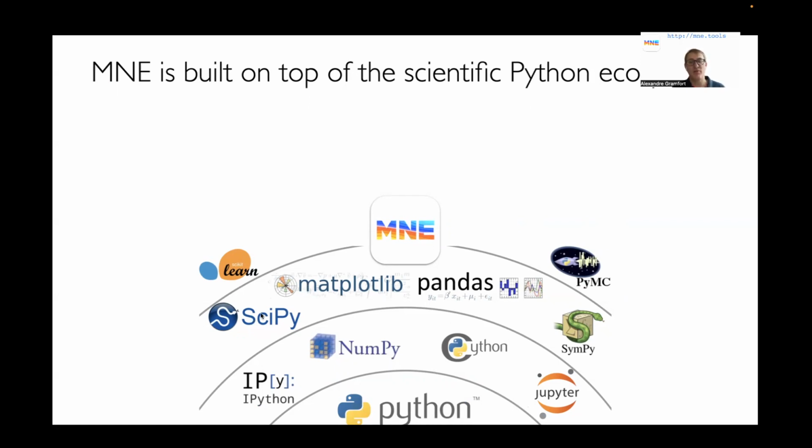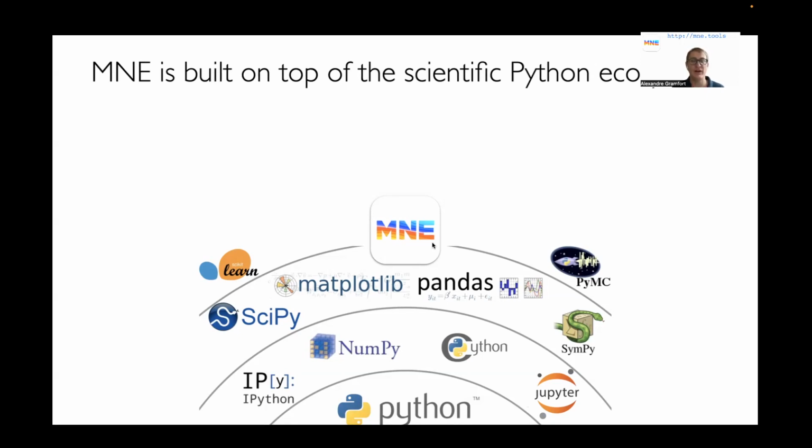And then on top of it, we use SciPy for all the algorithms and the signal processing, Matplotlib for visualization, and also a lot of scikit-learn, which I will show later to do decoding. So really, MNE sits on top of this very rich ecosystem and really leverages as much as it can.